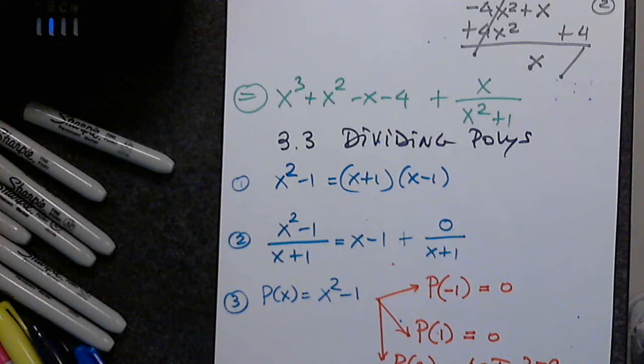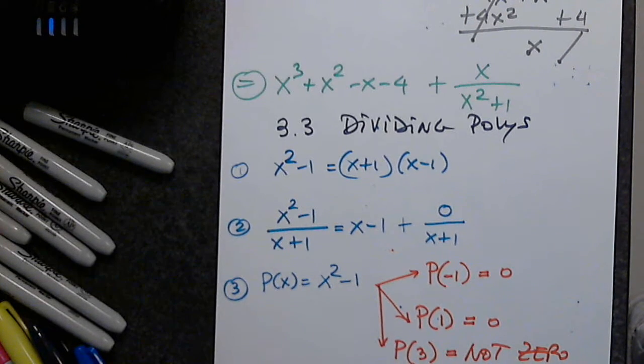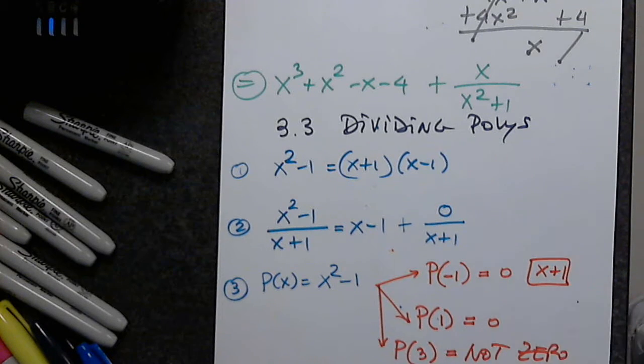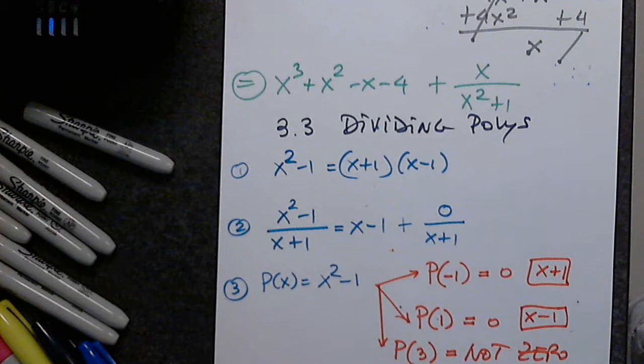What do you think happens here? Why do I get a 0 when I plug in negative 1? And why do I get a 0 when I plug in 1 and not a 0 when I plug in 3? And I want you to think of x minus this and x minus this and x minus this.